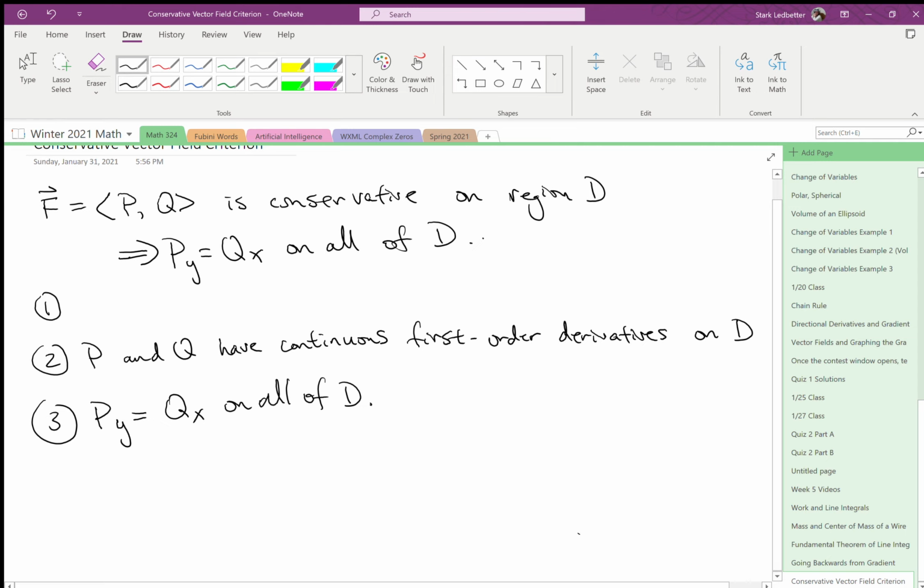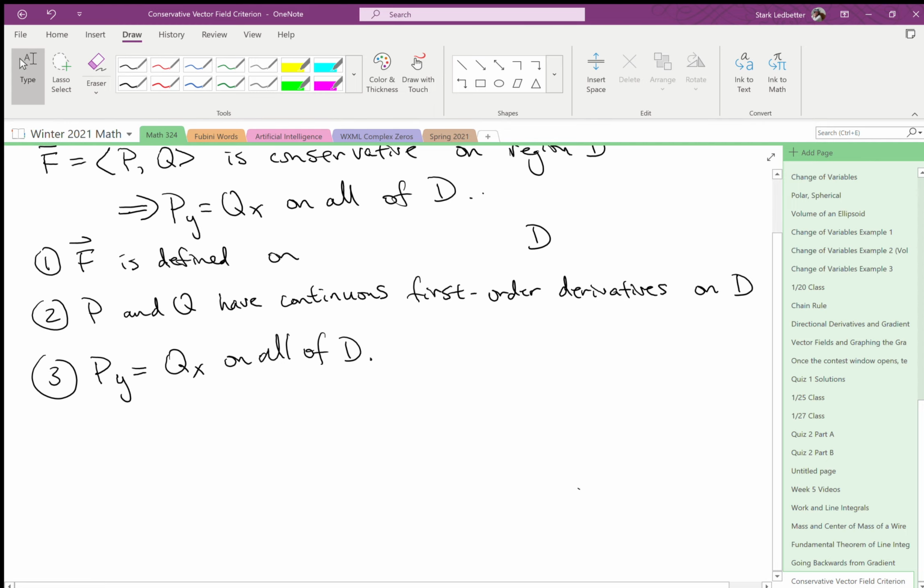Remember from the previous video, smooth meant infinitely many derivatives. You only need to have one derivative. That derivative needs to be continuous. Okay, and then F is defined on D, and then we need some conditions about D.